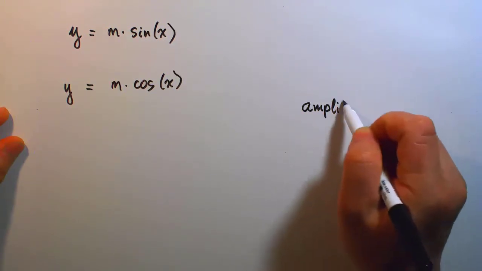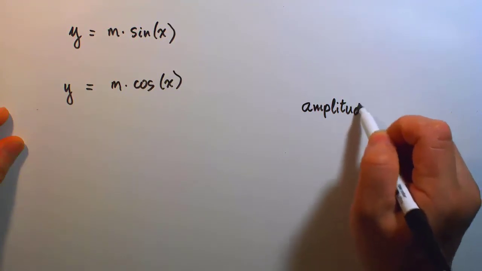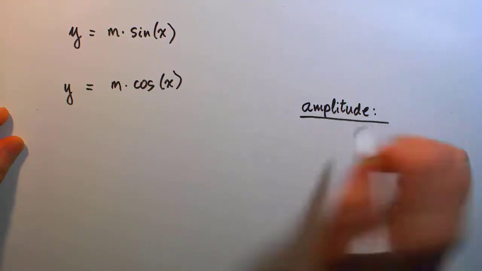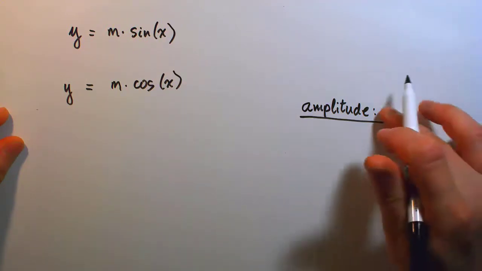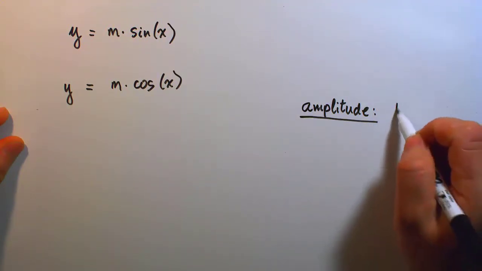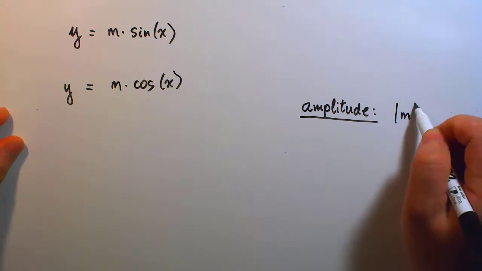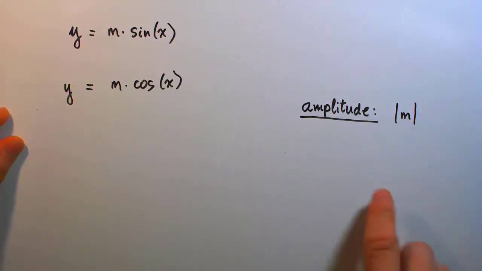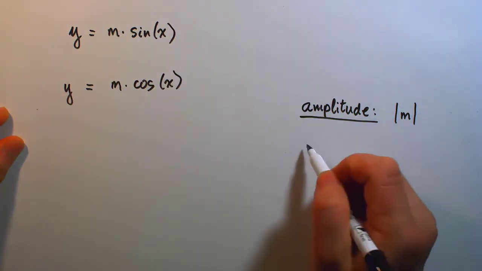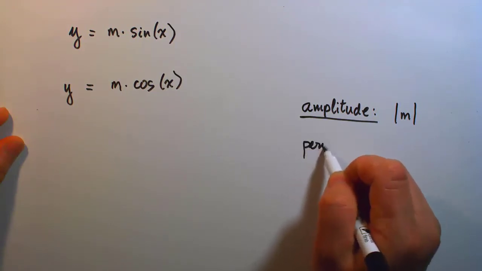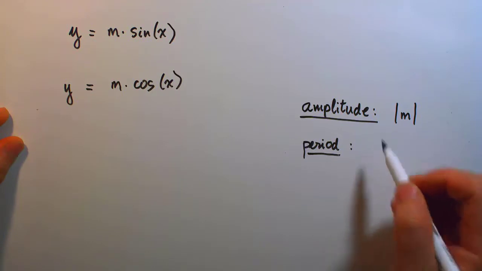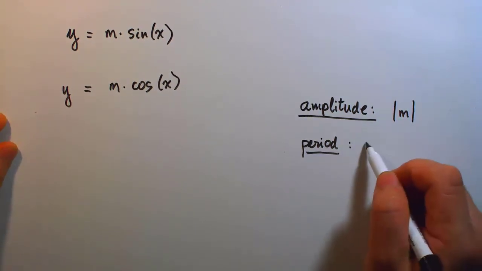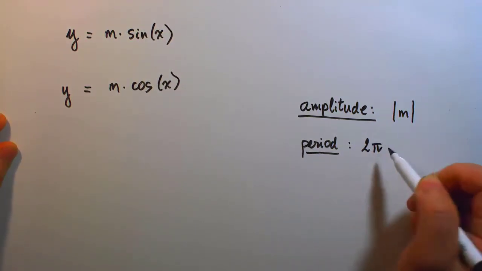We have seen through our investigation that the amplitude on any of these graphs is going to be the absolute value of m, the coefficient, and the period is going to be 2 pi, the same as a standard original sine or cosine.